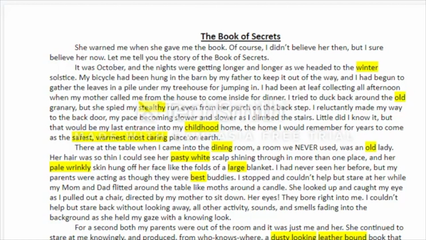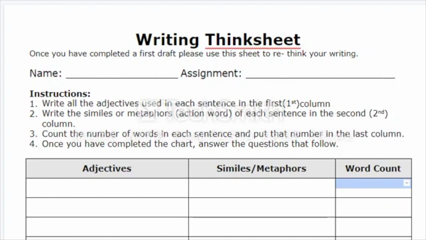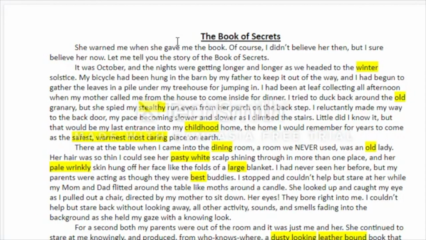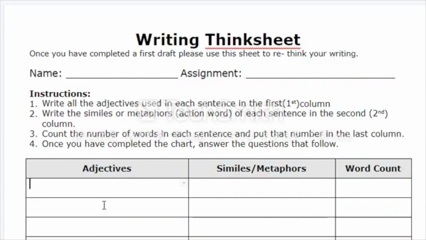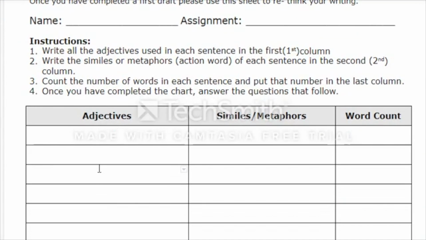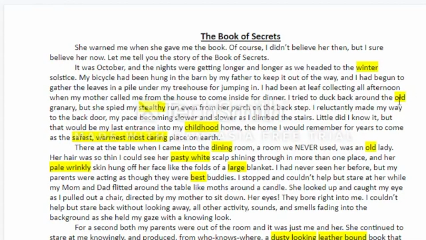But I want to go back to the writing think sheet and do what the think sheet is asking you to do. This is the first sentence, the second sentence, the third sentence, the fourth sentence, and I have an adjective, winter. So I'm going to count 1, 2, 3, 4, and I'm going to put winter in there. So the seventh has old and stealthy.